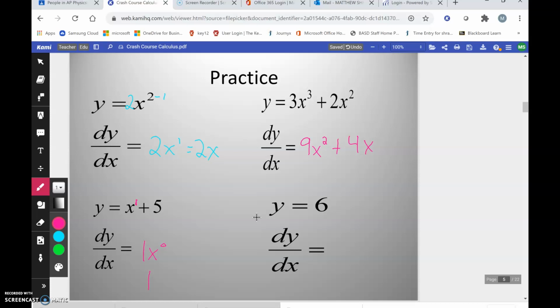Over here, you may think that you don't have anything to deal with, but you really have 5 times 1, you could say, where 1 is x to the 0 power. This is the same thing as the number 5. 5 times x to the 0 power is the same thing as 5, because x to the 0 power is 1.